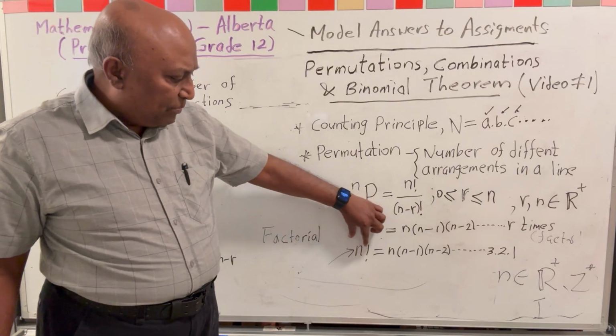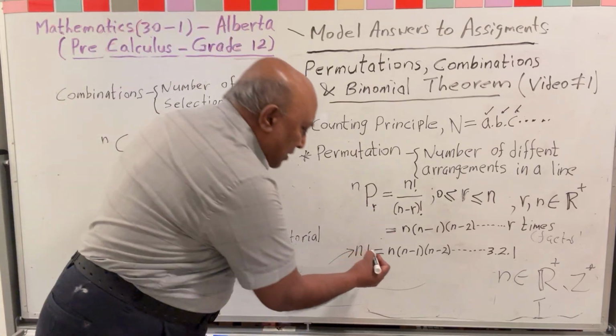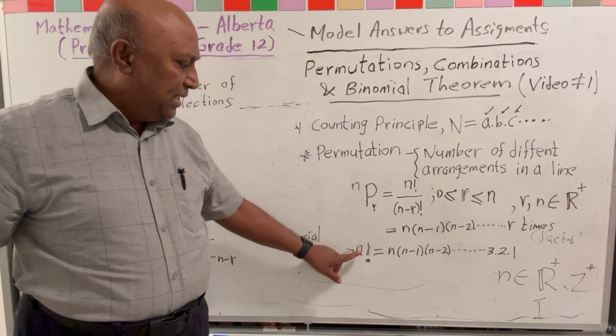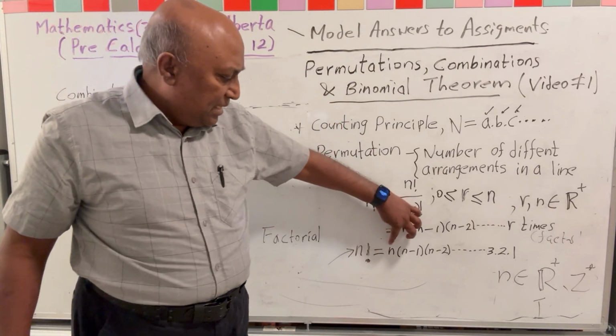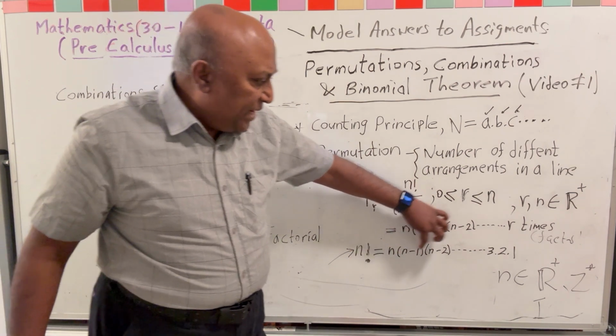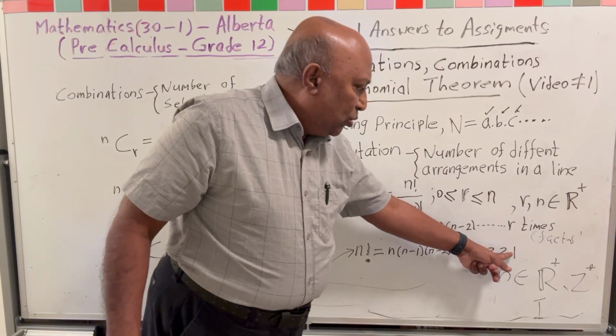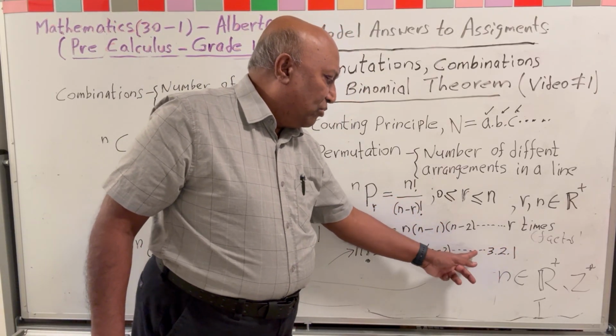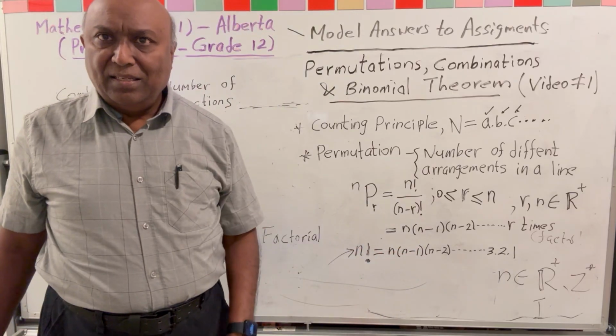How do you find this? Factorial n. This is the symbol used for factorial. Factorial n is actually the product of n numbers. You can find the product starting from 1: 1, 2, 3, 4, 5 up to n.